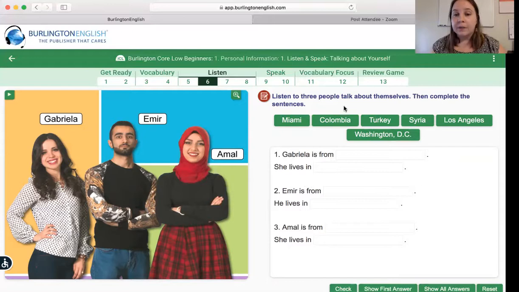So, if we look at the options we have, we see Miami, Colombia, Turkey, Syria, Los Angeles, and Washington, D.C. So we're going to be listening for where they are from and where they live now. So let's listen the first time.